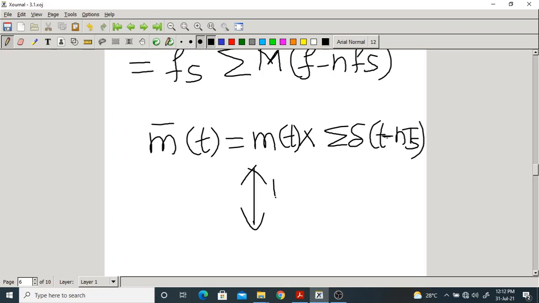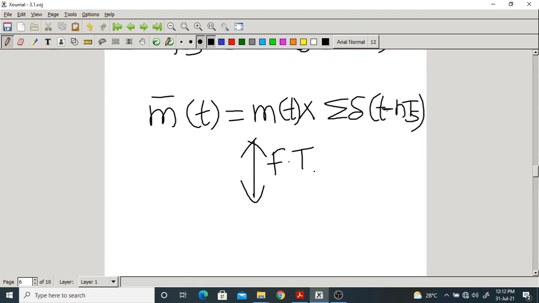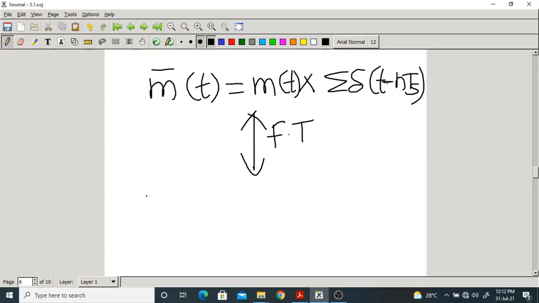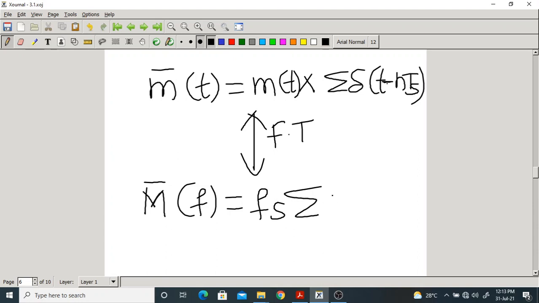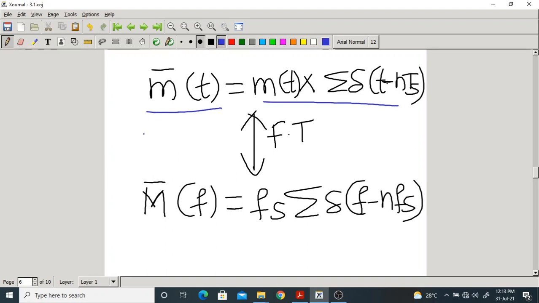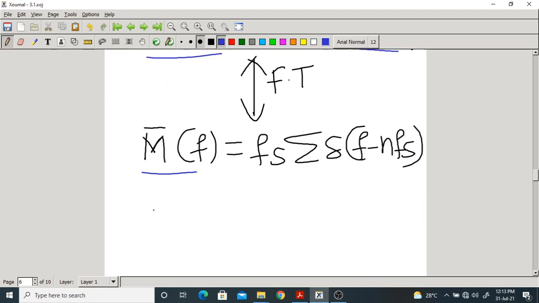In the frequency domain, if you take the Fourier transform, it becomes m line of f, which equals fs summation m of f minus nfs. So this is the sampled signal in time domain. In the frequency domain it is called the spectrum of the sampled signal.